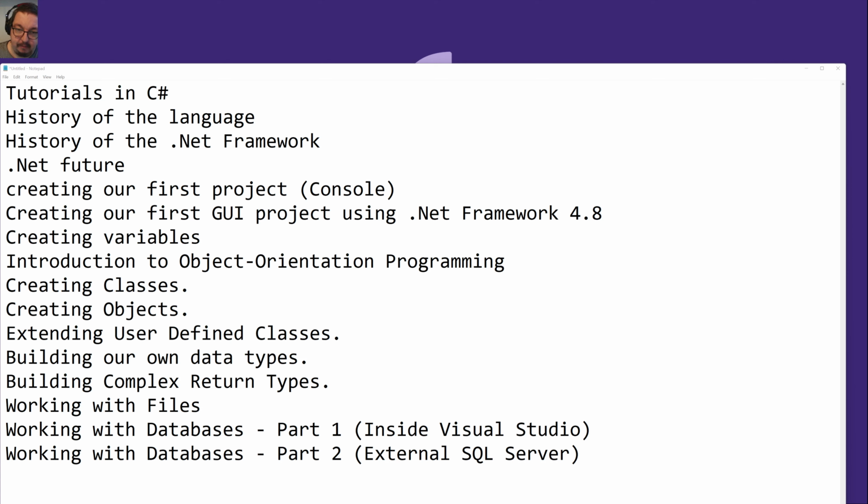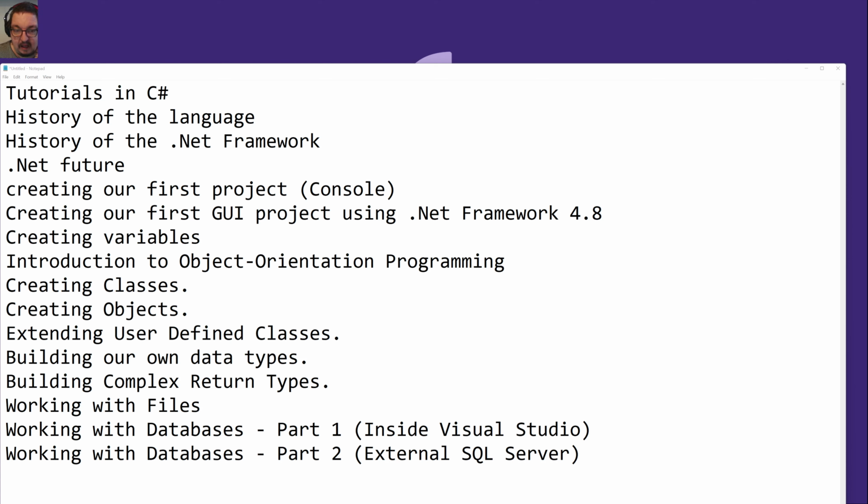Okay, so you will be able to build both in different ways, especially with the console. Then once we're happy with that, we will create our first graphical user interface using .NET Framework 4.6, which is the last of the .NET frameworks as in the old style.